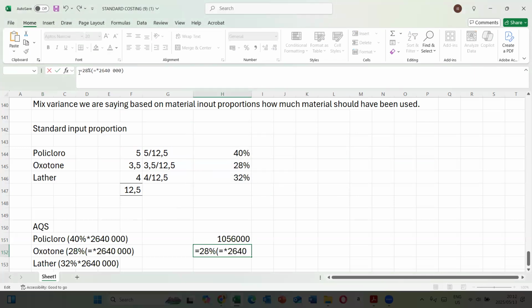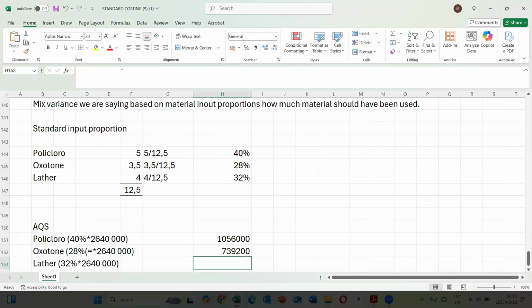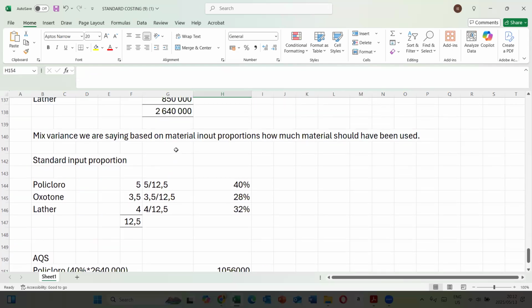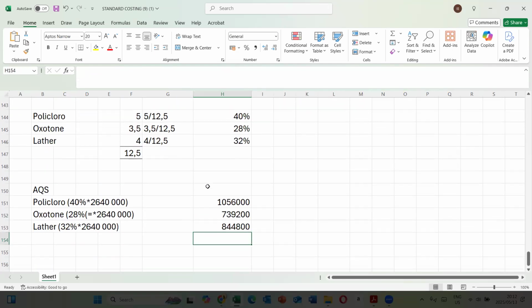So we have it sitting there, 20%. And then you have 32% times 2614. Take that out. So this is what they should have used. This is the proportion they have there.